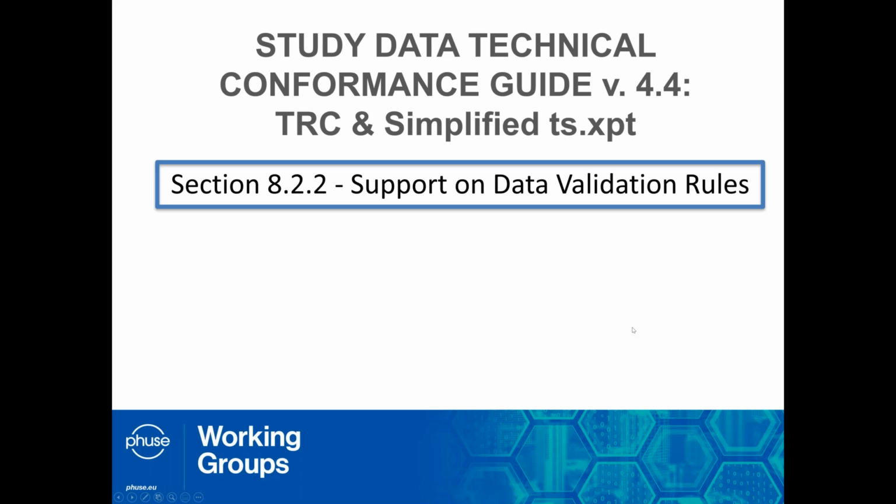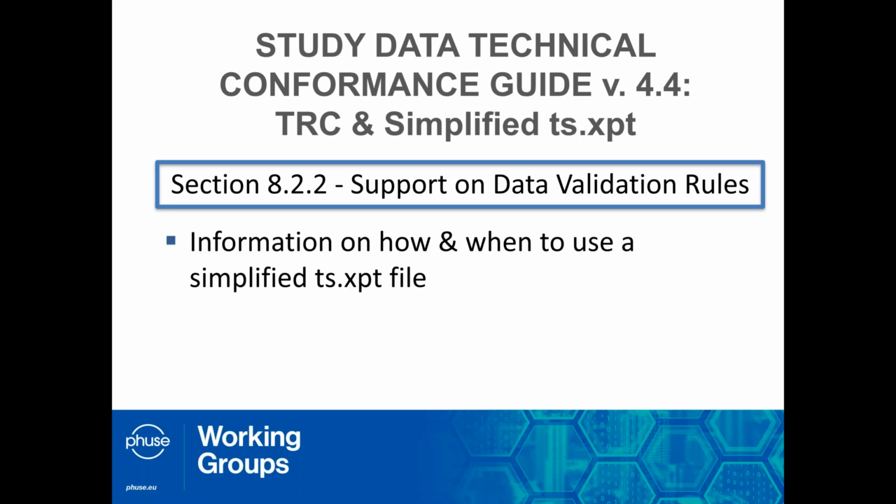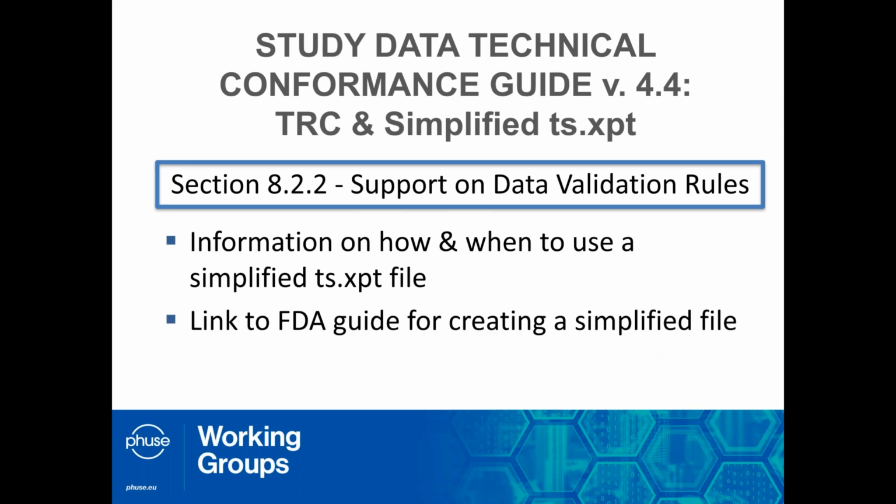Section 8 of the Study Data Technical Conformance Guide provides more information on how and when to use a simplified ts.xpt, including examples of submissions for which a simplified ts.xpt could be used. And you'll also find a link to the FDA guide for easily creating a simplified ts.xpt.